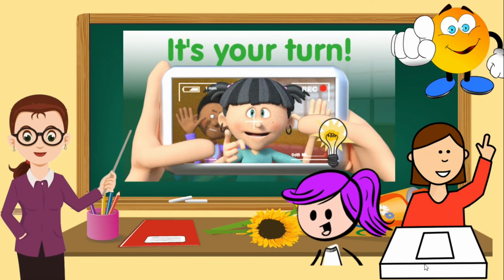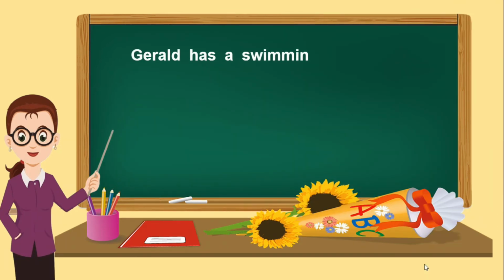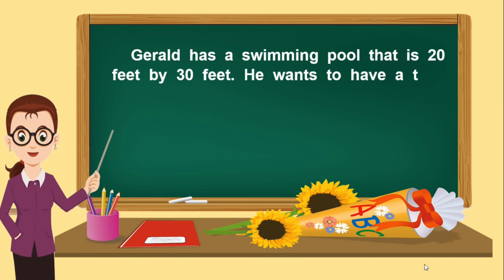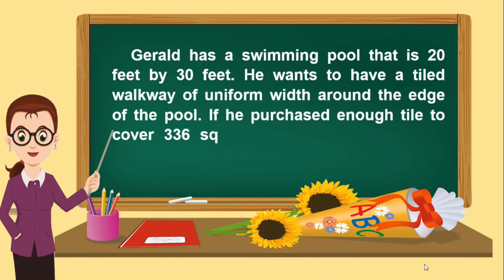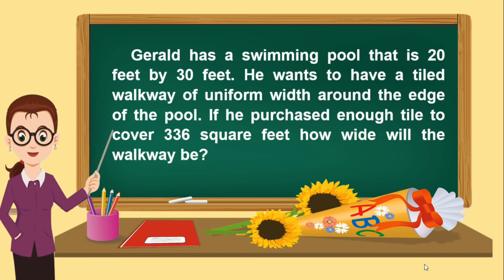Alright, it's your turn to answer the following questions. Question number 1 is, Gerald has a swimming pool that is 20 feet by 30 feet.